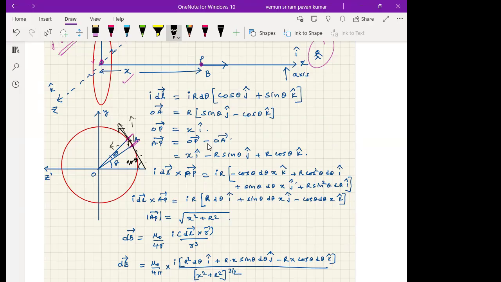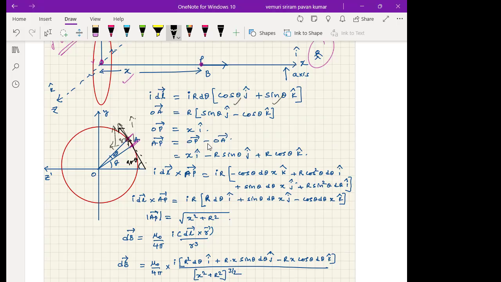Y component is sin(90 minus theta) actually. Hello, this angle is 90 minus theta. Sin(90 minus theta) means cos theta. Cos(90 minus theta) means sin theta. You have one component along positive Y, one component along positive Z axis.